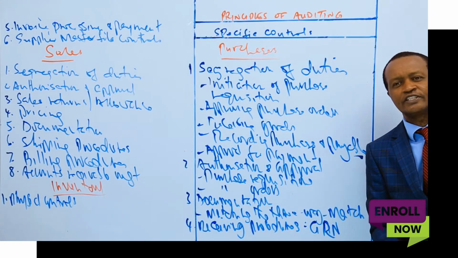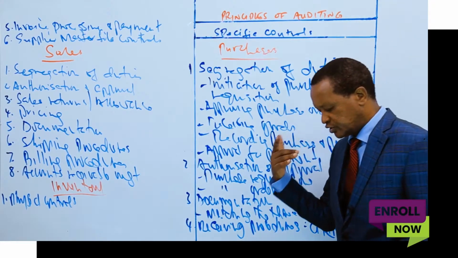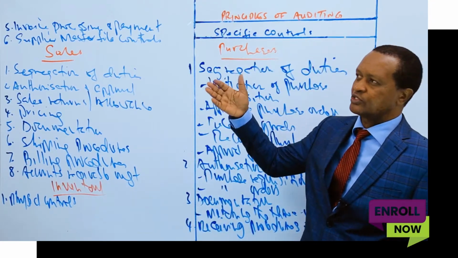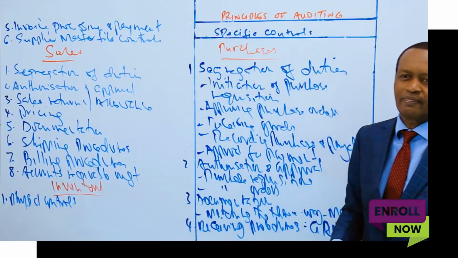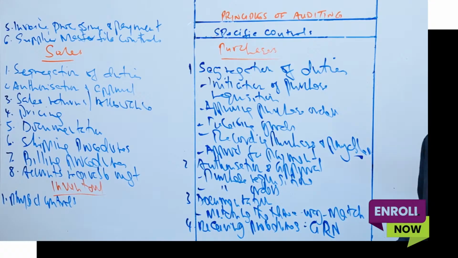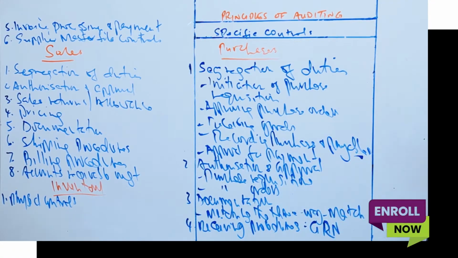A company may have stock of raw materials, stock of work in progress, and stock of finished products. Those should be segregated. The company may even have damaged goods, which should be separated from the good goods.